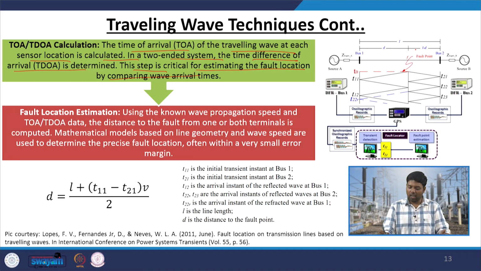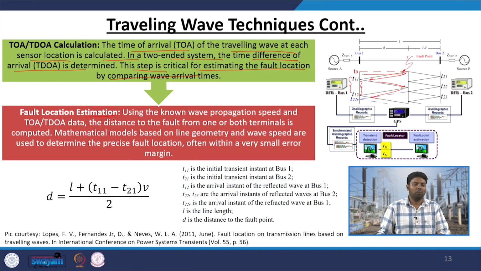If you look at the fault point, if the current goes to this point, then it will reflect back, then it will again go, then again reflect back. So, every time it is coming back or reflected back at the measuring side, at that time we record this time.